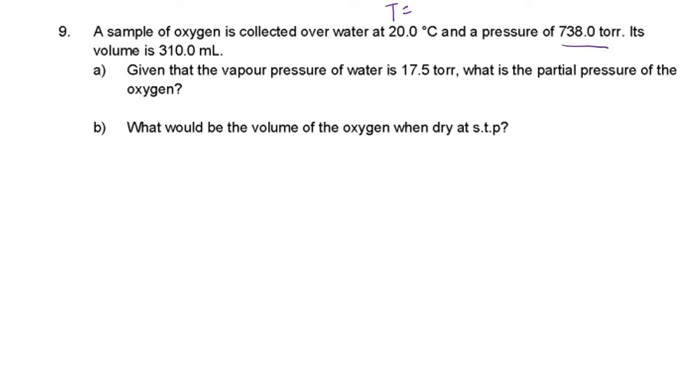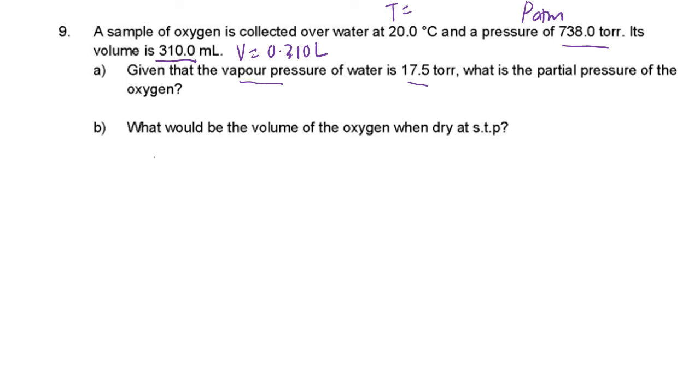So 738 torr is the atmospheric pressure or P total. The volume of the gas is 310 milliliter, so this is 0.310 liter. Given that the vapor pressure of water is 17.5 torr, what is the partial pressure of oxygen?